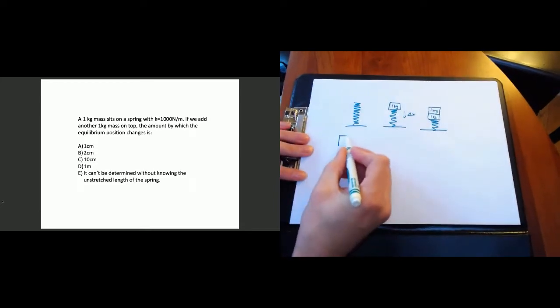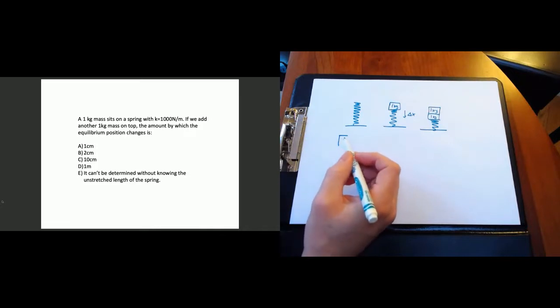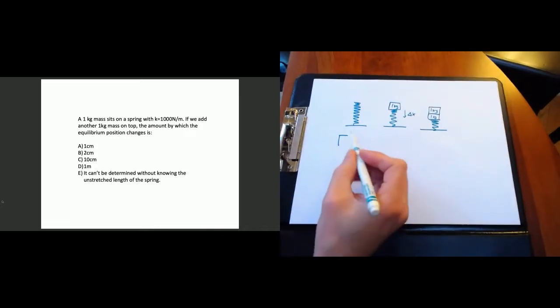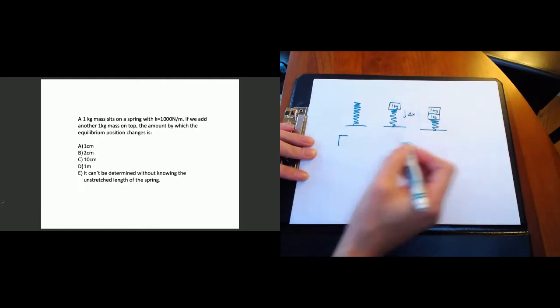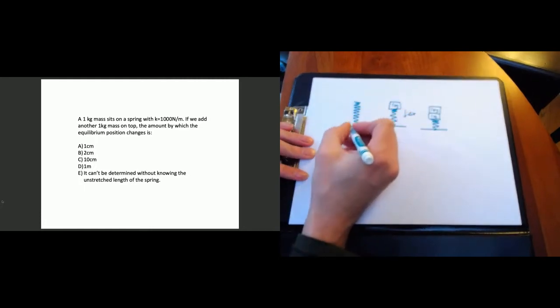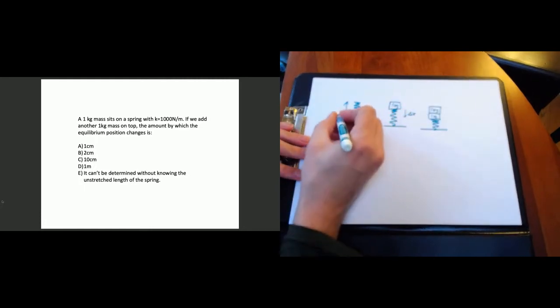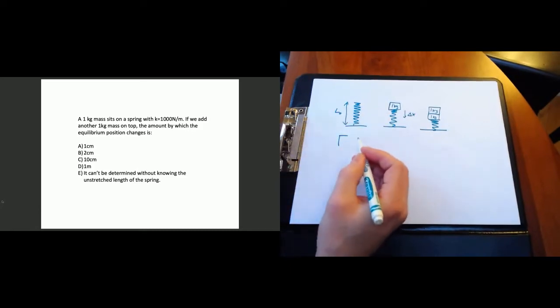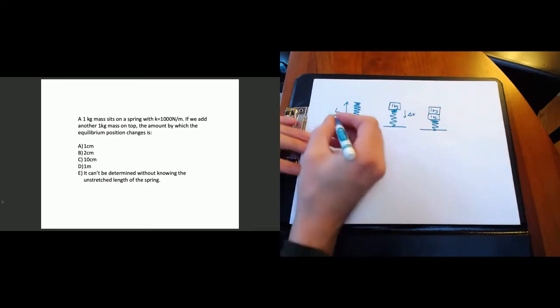And the formula that we have for understanding how much the spring is stretched, that basically refers to comparing the stretching or compression to the unstretched length. So let's call this L0.